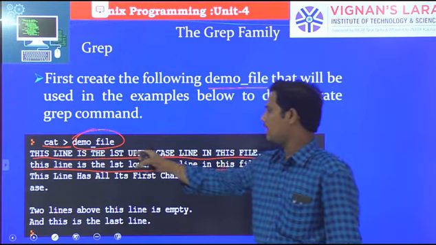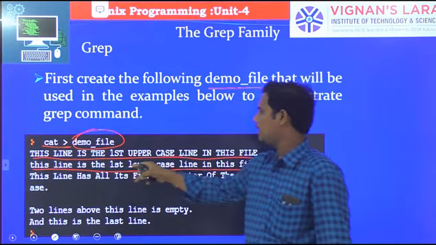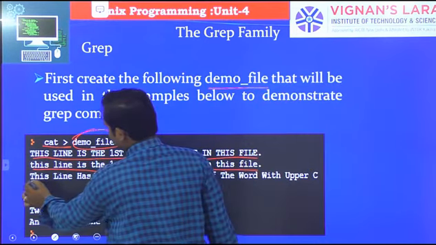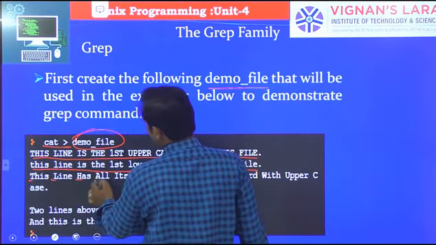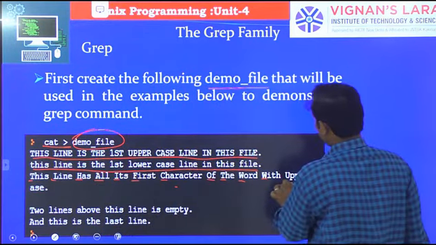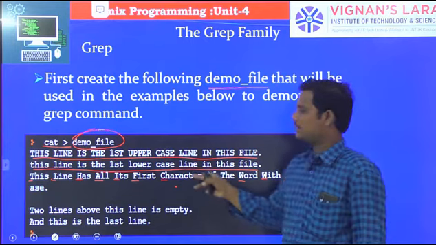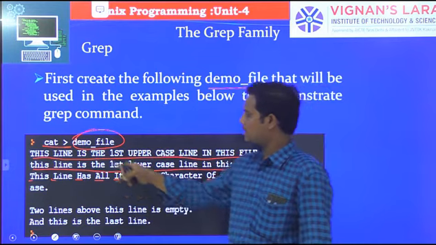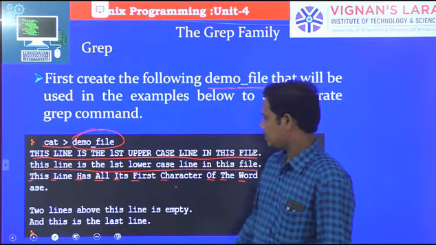Here all are uppercase letters. Here all are lowercase letters. Here the starting letter is uppercase and the remaining letters are lowercase. You can observe it. All are strings, nothing but strings. Here also the same.